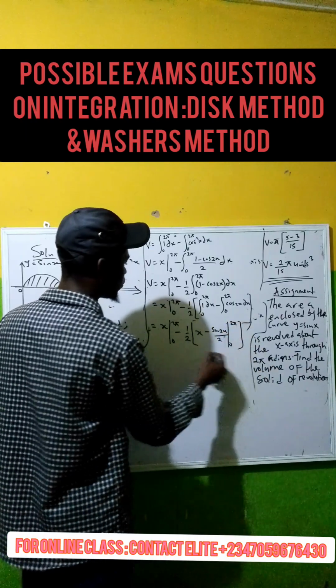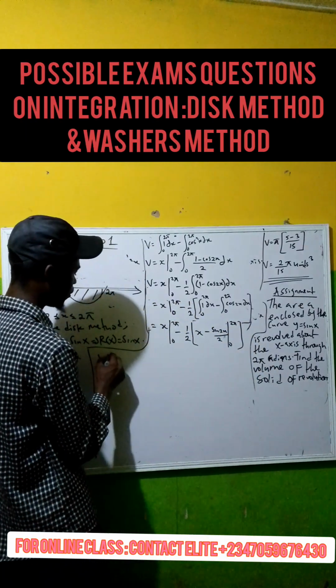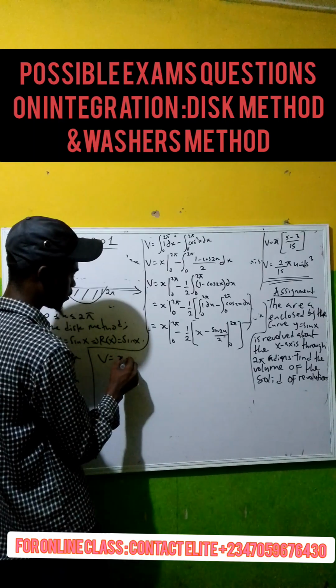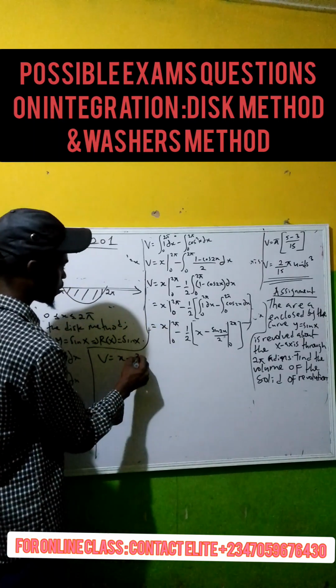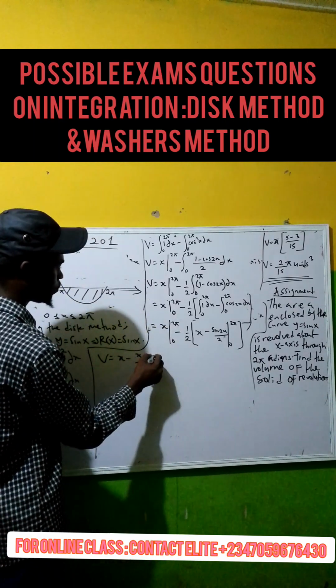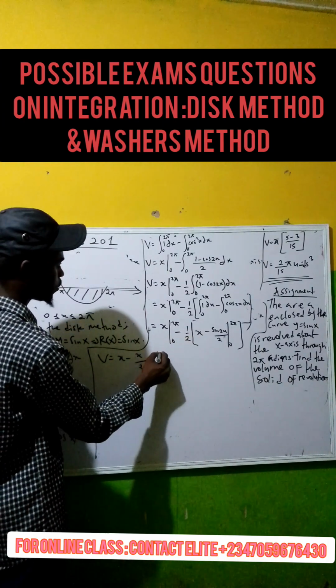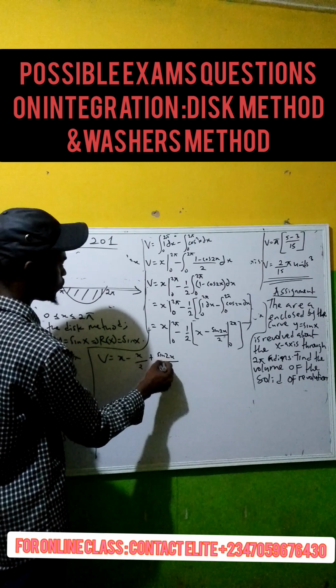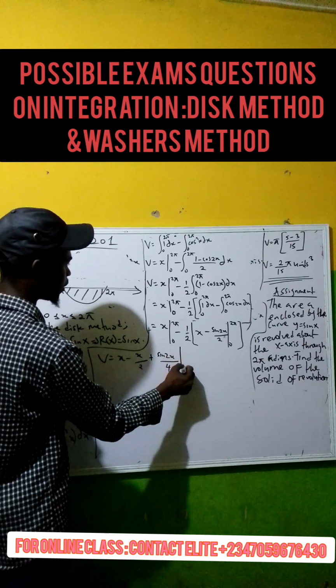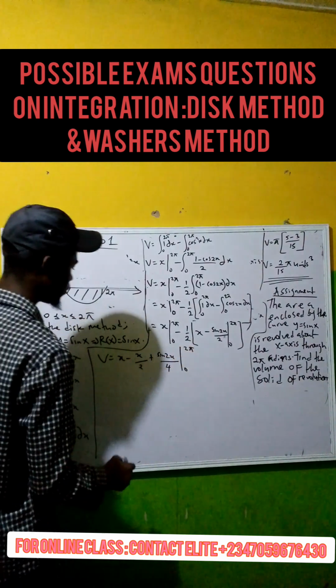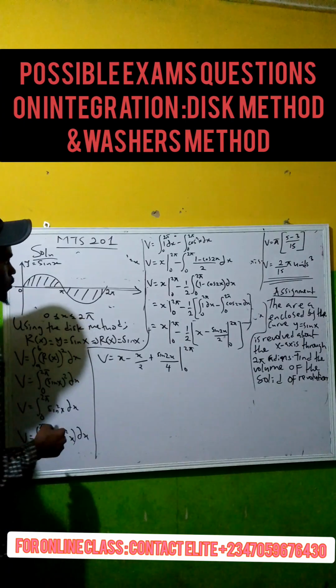So you can now expand. You are now having V equals x minus x over 2, plus sin 2x over 4, then 0 to 2 pi. No stress.